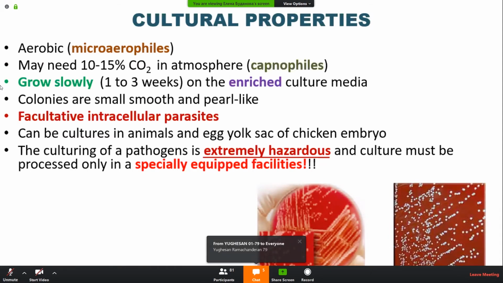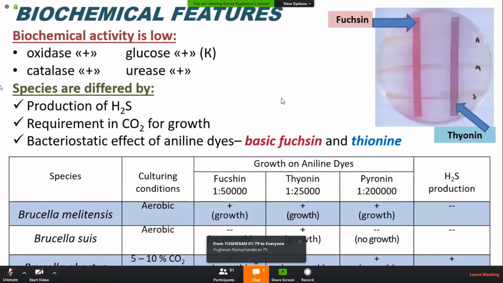Biochemical activity is not very high. Actually, it is low activity because they do not split sugars typically, but some of them may release hydrogen sulfide. It is for Brucella abortus.